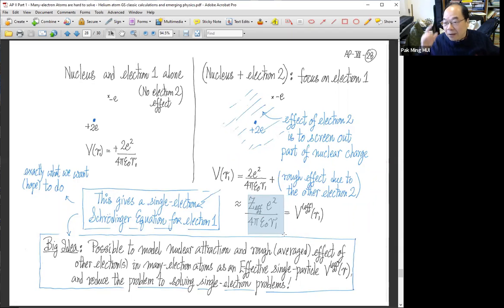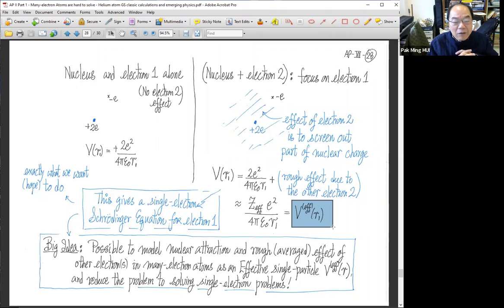And then the most important thing is that if we take this picture focusing on one electron, the other electron in helium, or the other electrons in lithium onward, can contribute effectively a single-electron potential energy function.